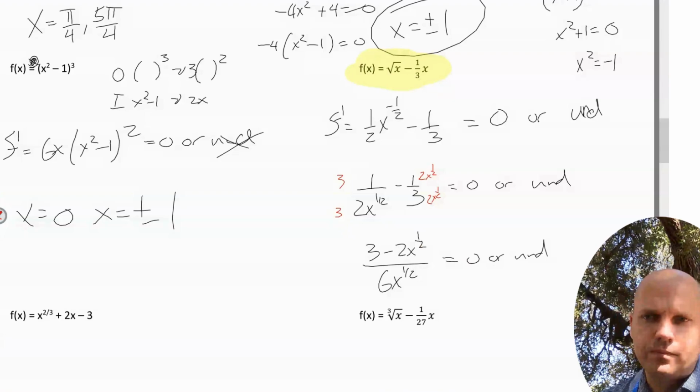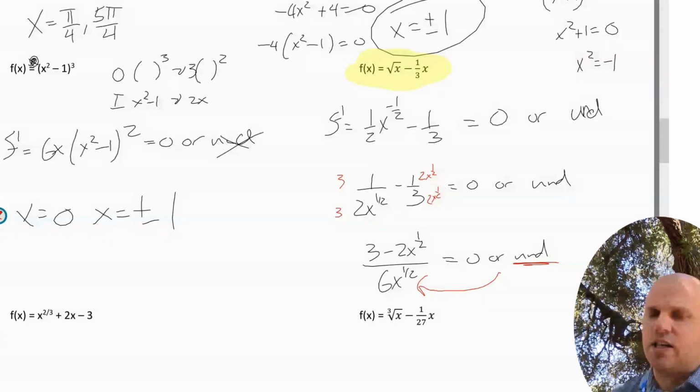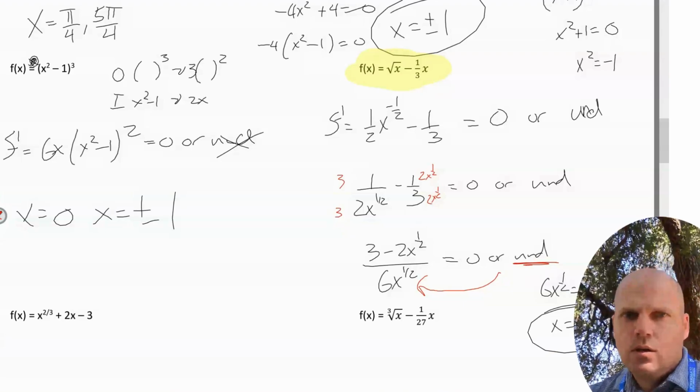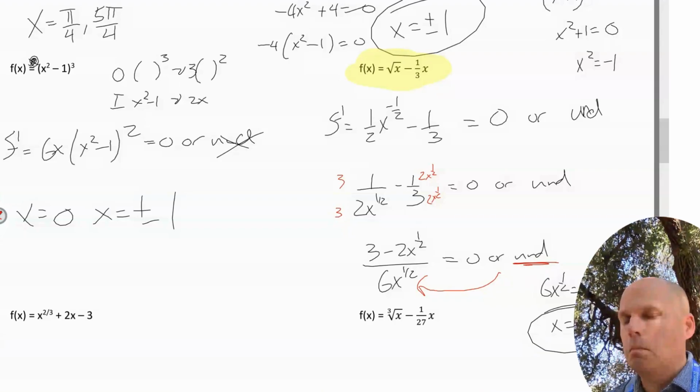If we just added the 1/3 and solved, we probably would forget the fact that there is a denominator and that the denominator could equal 0. So here, we have one critical point at 0. That's going to be a vertical tangent, and that's okay. So we're good.